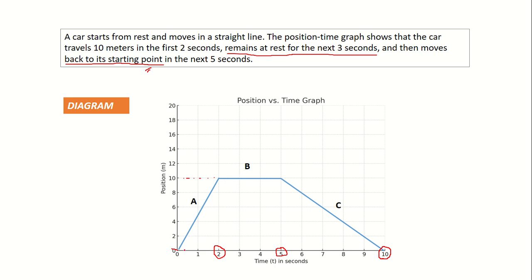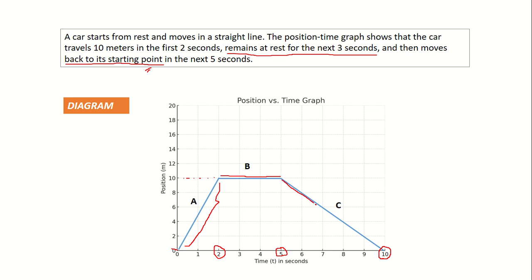So from here, I'm going to make some predictions about my velocity. So my slope here is positive. So I expect that I would have a positive velocity. Here, my slope is 0 or the line is flat. So the velocity here would be 0.